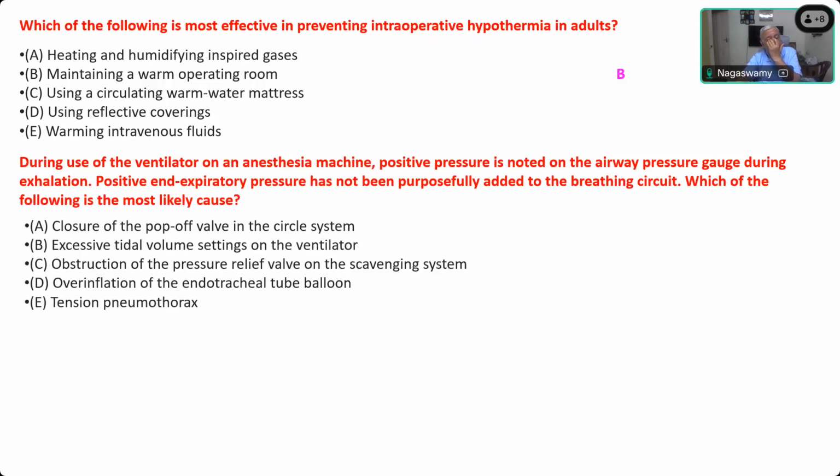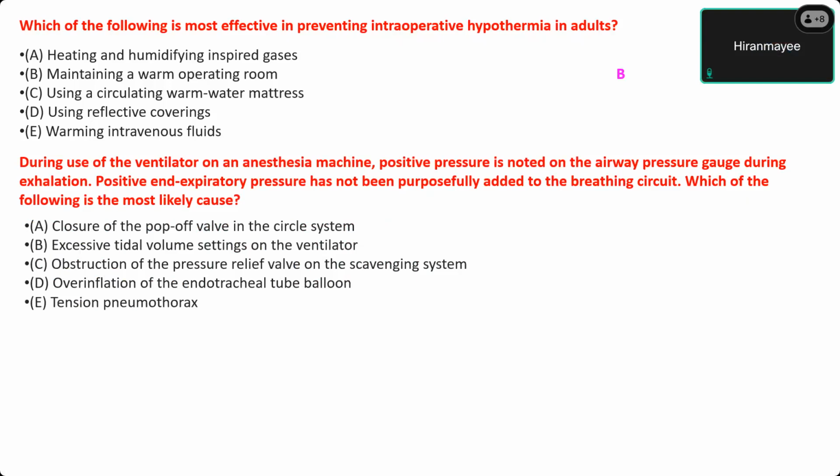Normally during expiration, the pressure should drop, isn't it? The pressure gauge will go to the zero level. But here it is showing a positive pressure. Overinflation of the endotracheal tube balloon? No. Tension pneumothorax, sir?